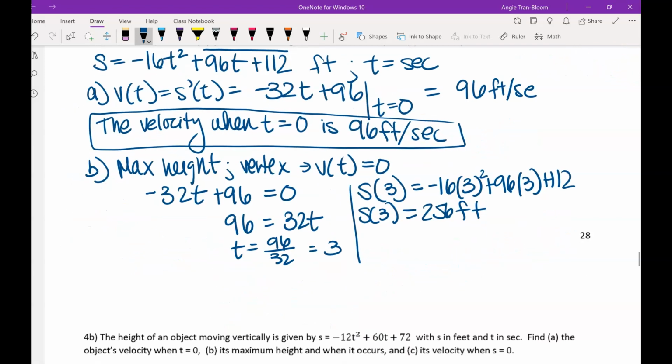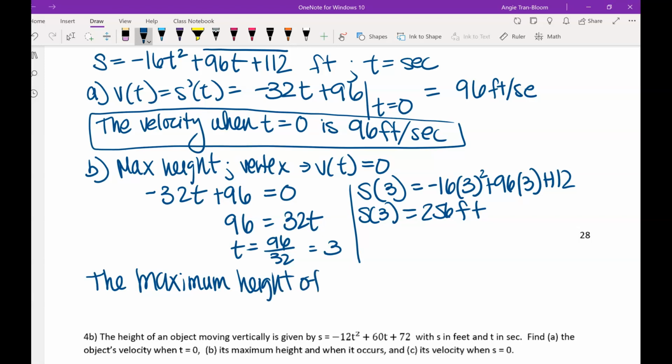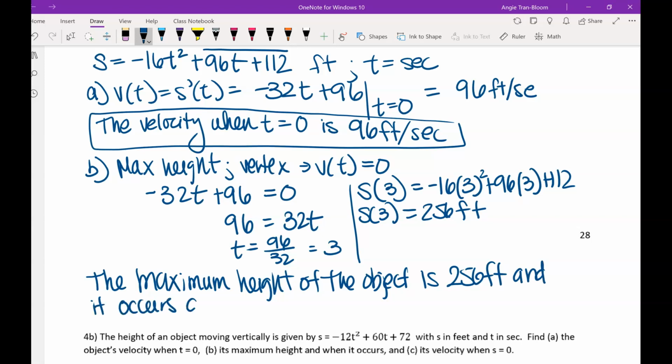So the maximum height of the object is 256 feet, and it occurs at 3 seconds.